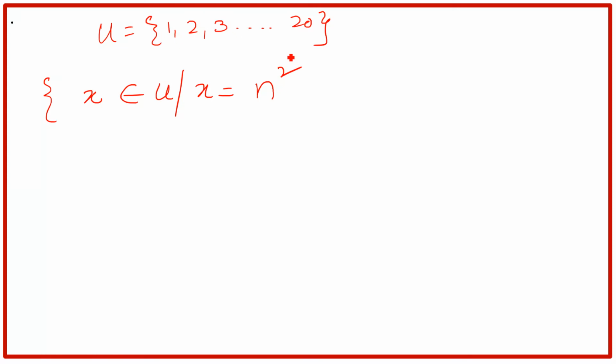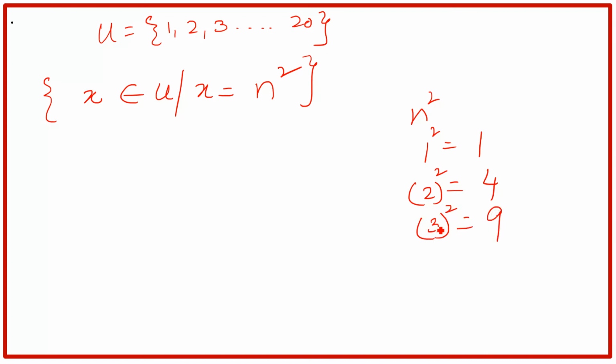So you have to make the square of 1 first, which is equal to 1 square, 1. Then instead of n, we will write down 2, which is equal to 4. Then we will make the square of 3. See, it does not mean 3 times 2 is 6. It means you have 3, 2 times.